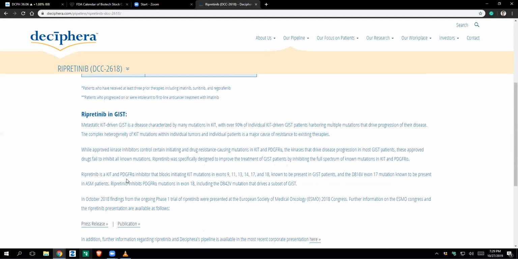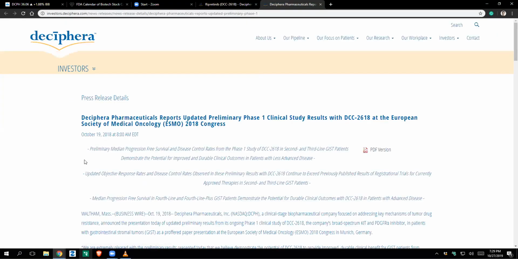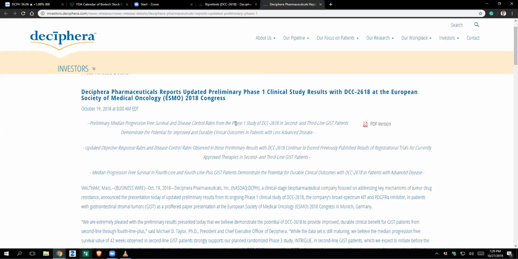So in GIST, this is a KIT and PDGFR inhibitor that blocks the KIT mutations. So here they presented a phase 1 trial at ESMO in 2018. Let's see that. Preliminary phase 1 clinical studies with DCC 2618 at ESMO.